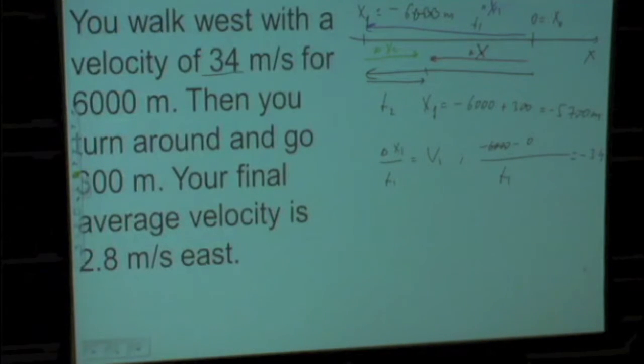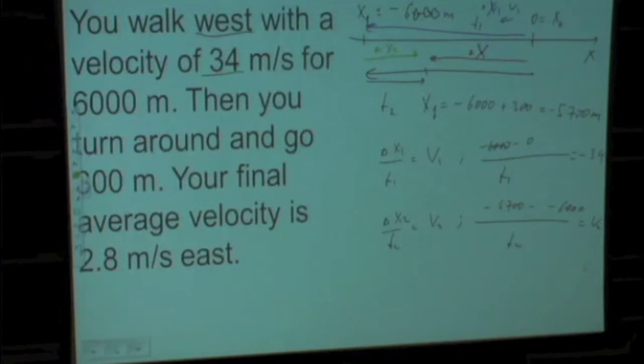You walked west, so to the left, v1 points to the left, has a negative component. You can solve this equation, that gives you t1. Second equation, delta x2 divided by t2 equals v2. So x final minus x initial for this particular part of the trip divided by t2 equals v2. This equation has two unknowns, unsolvable.